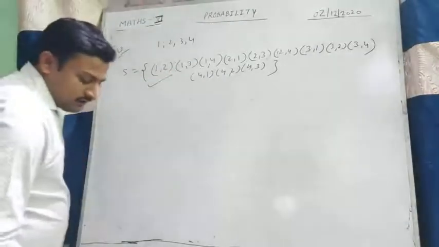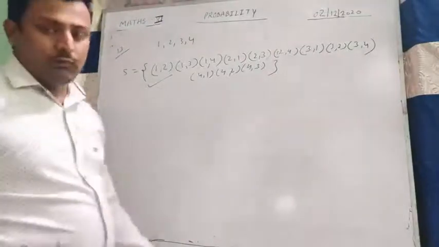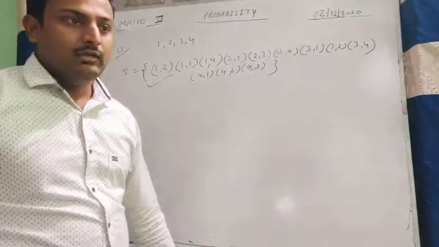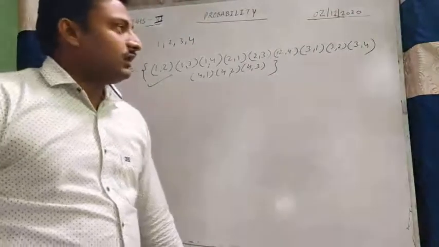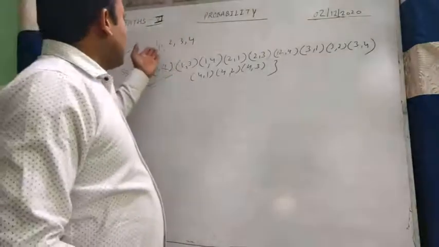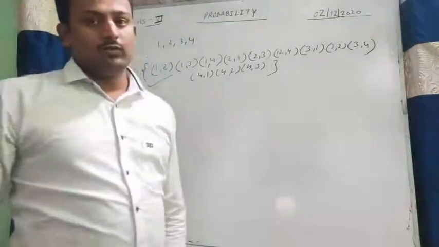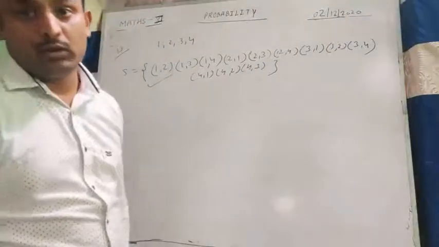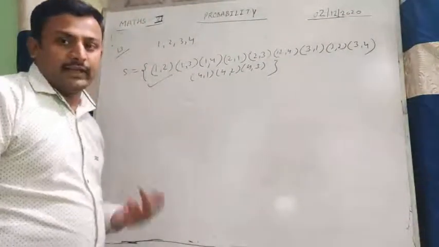In this question there are 4 slips, with the numbers 1, 2, 3 and 4 written on them, mixed thoroughly and put in a box. Then 2 slips are taken out. So what will be the sample space?